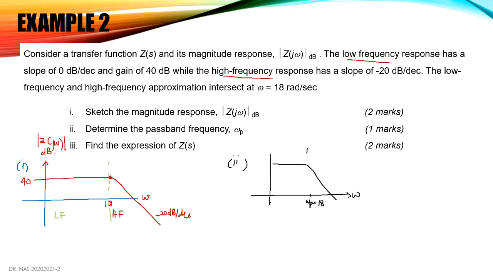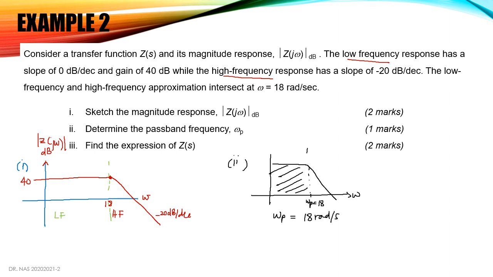Okay, the passband frequency is the area where the signal will be filtered in. The rest will be filtered out. So in this case, omega p, the passband frequency, equals 18 radian per second. This is the maximum frequency that will be allowable or accepted in the system.